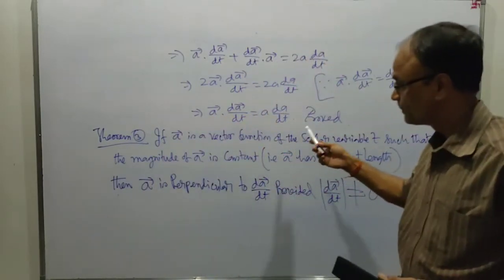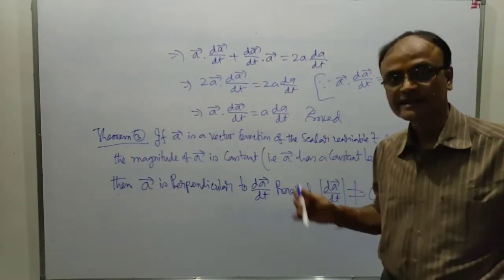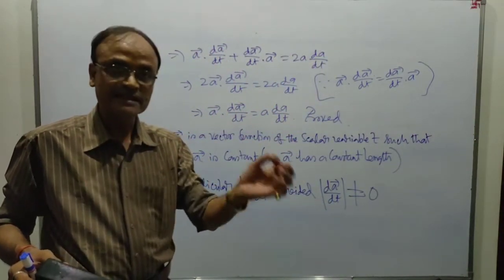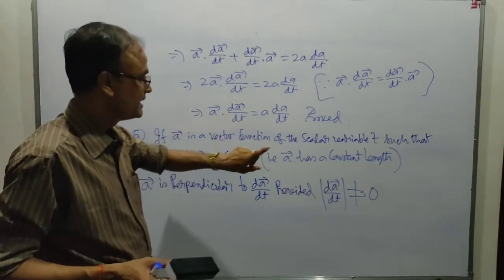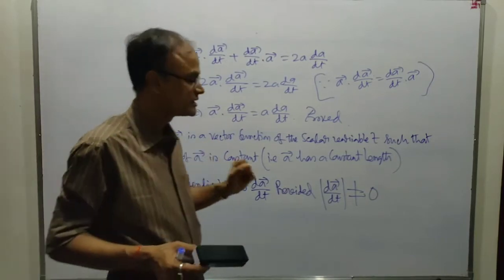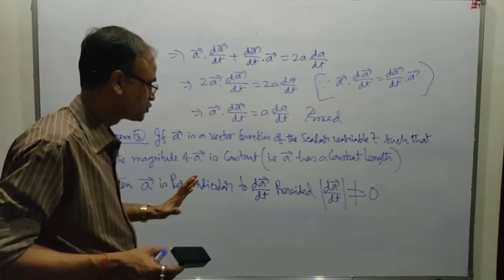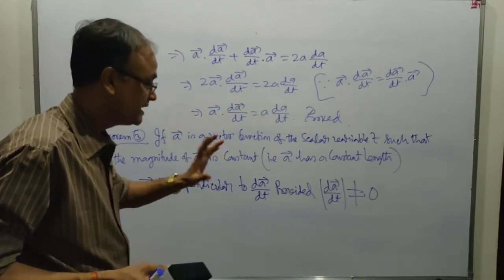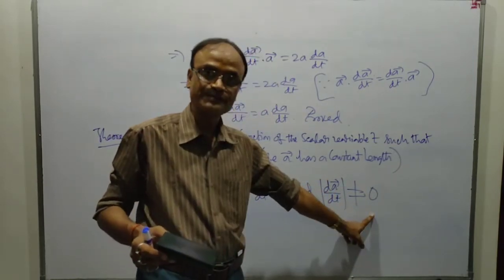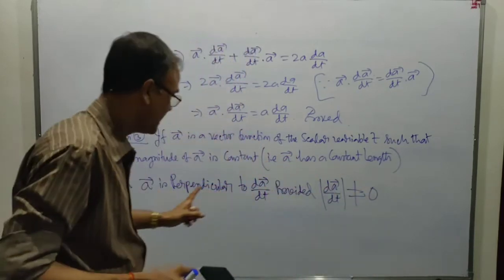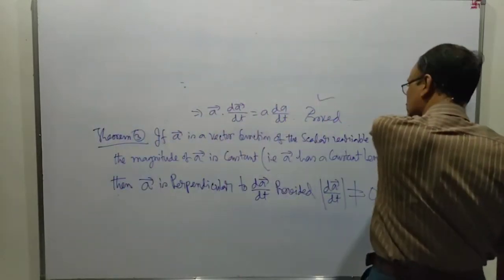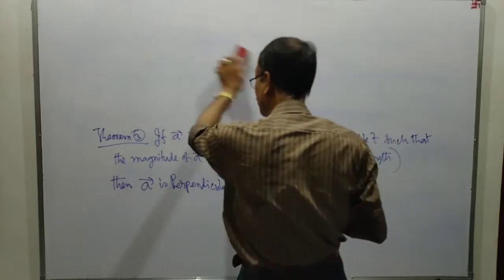A vector is a vector function of the scalar variable t, and it is of constant length, meaning the magnitude of the vector is constant. Also, we have to show that if the magnitude of dA vector by dt is not equal to 0, then A must be perpendicular to dA vector by dt.